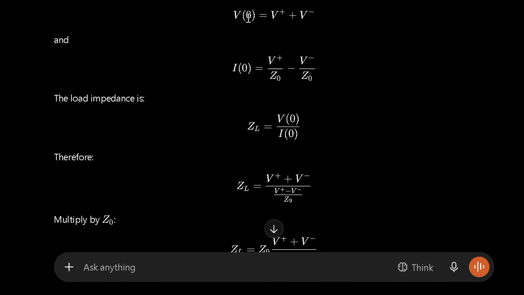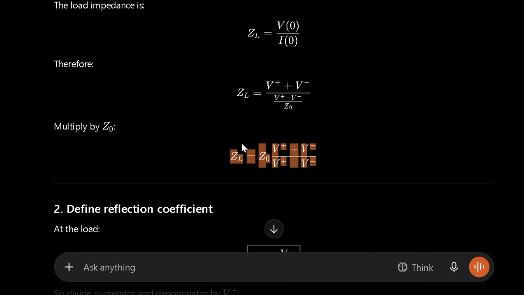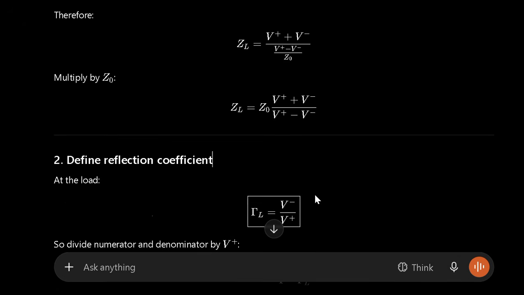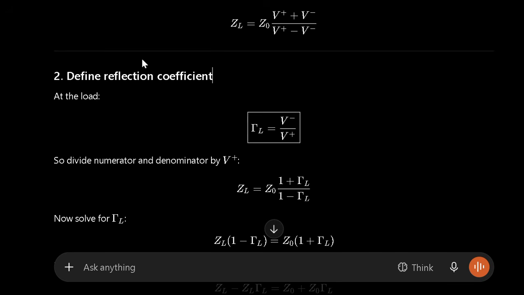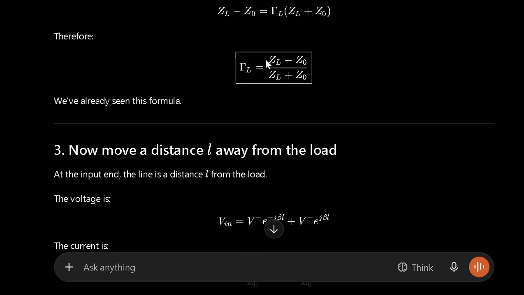So by substituting V value here and I value here, we get ZL equals Z naught times this. Here the reflection coefficient is this, and because of this we get the coefficient (ZL minus Z naught) by (ZL plus Z naught).